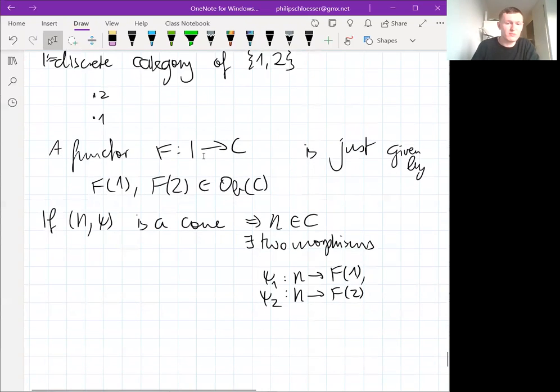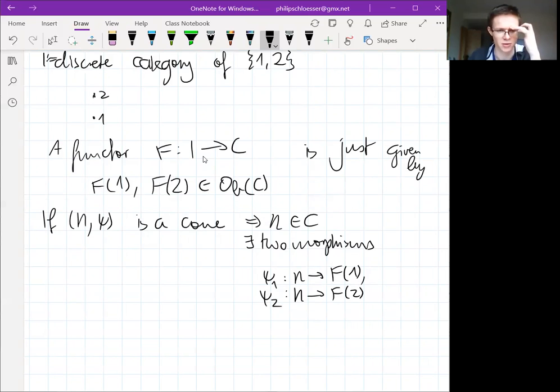And that's it basically, because the identity gets mapped to some stuff, but we have no morphisms between 1 and 2. So our coherence condition is always satisfied when we have two morphisms.